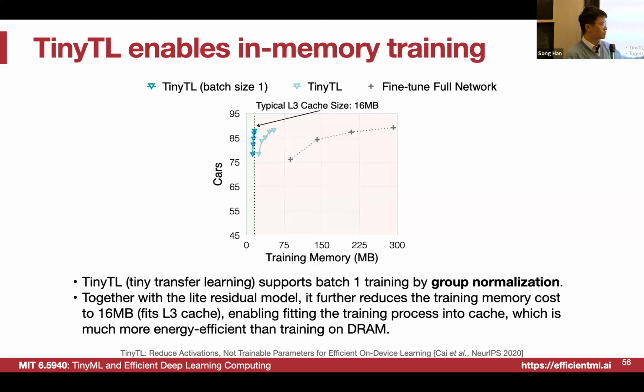Together with the light residual model, it can further reduce the training memory to 16 megabytes to fit the L3 cache very easily. Sometimes it can go to 128 megabytes these days for AMD CPUs for L3 cache. So we can fit the training process into a cache, which is much more energy efficient than training in DRAM.